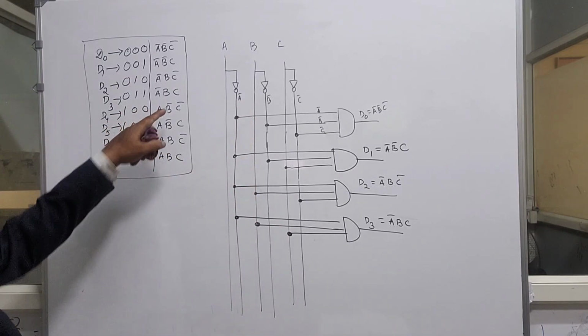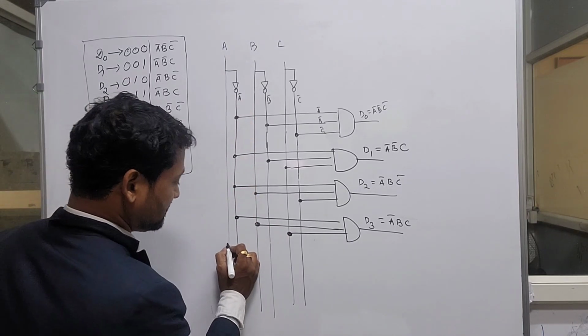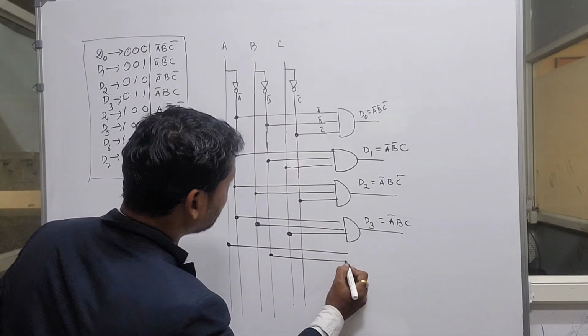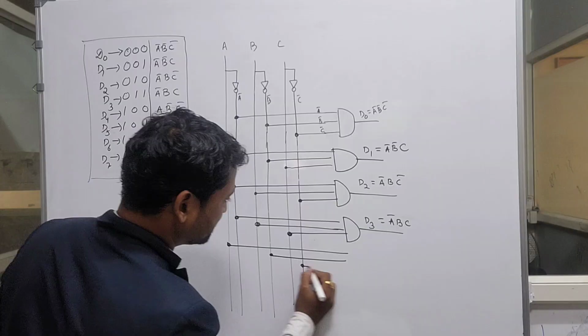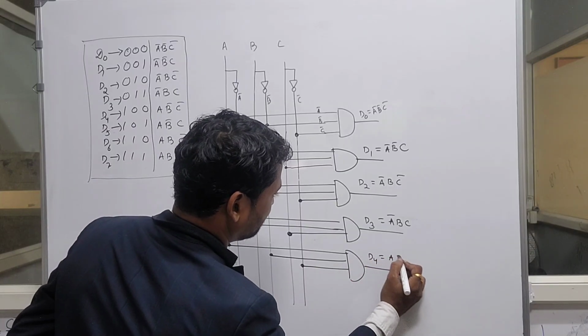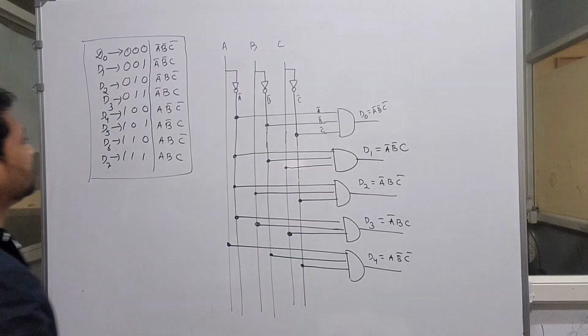Next is D4 क्या है? A, B bar, C bar. So A, B bar, C bar. D4 A, B bar, C bar.